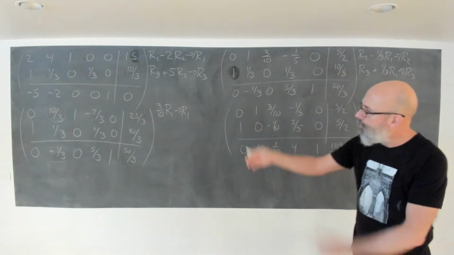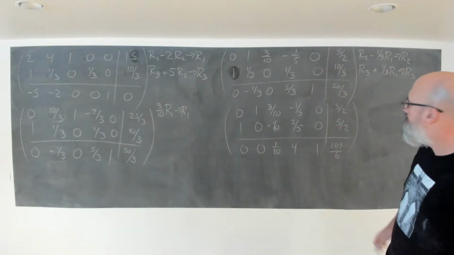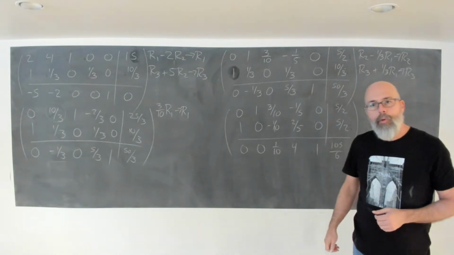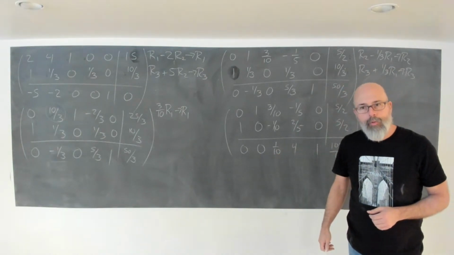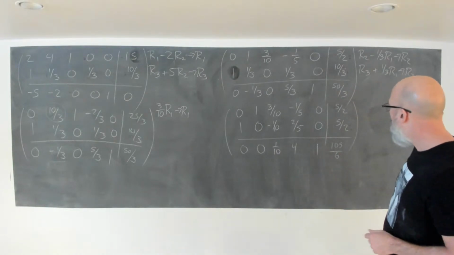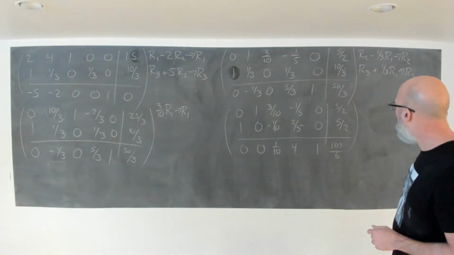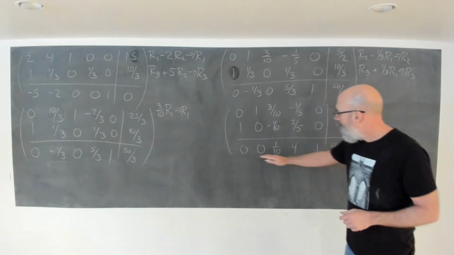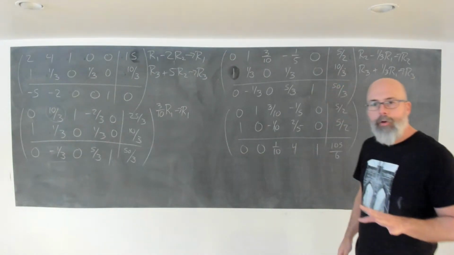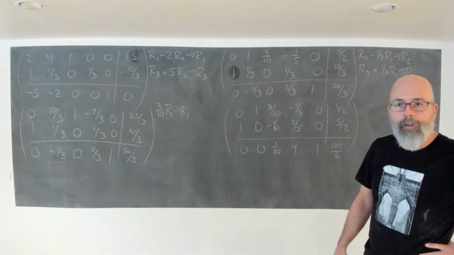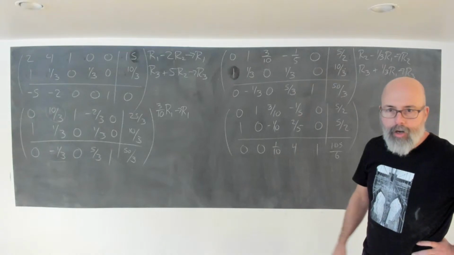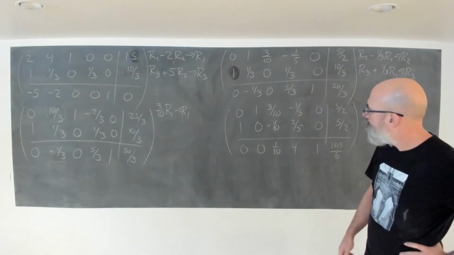If we continue on with our process, most negative number in the last row, well, now there is no negative number in the last row. So that's it. There is no more negative number in the last row, so we are done. This is the final simplex tableau. We should be able to read off the answer.